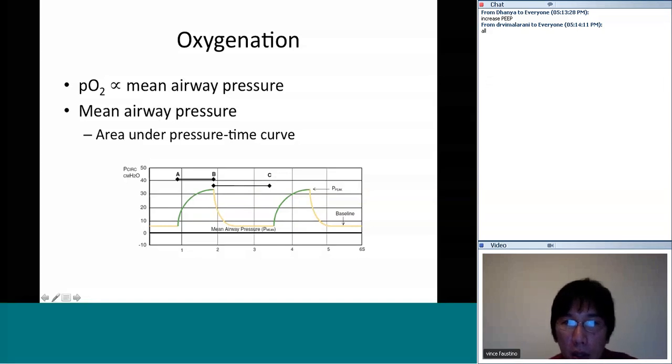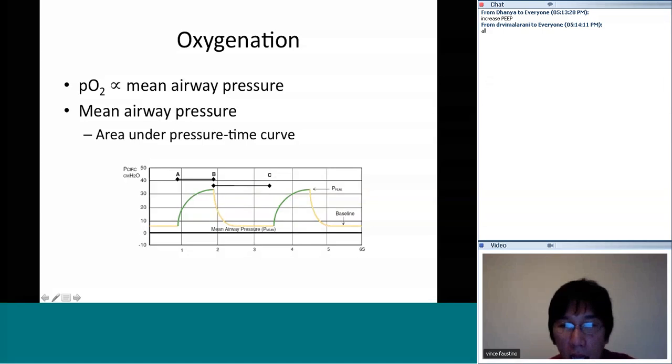The PO2 or oxygenation is directly proportional to your mean airway pressure. And your mean airway pressure, as I mentioned earlier, is the area under the pressure time curve, including that below your PEEP. So anything above the 0 line and below the yellow and green line, that's your area under the pressure time curve.